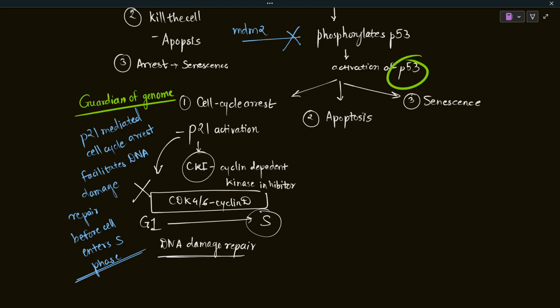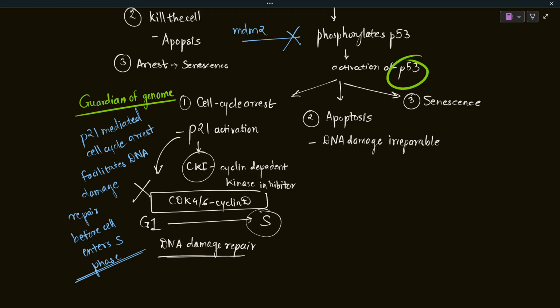The other cellular response that can be seen due to p53 activation is apoptosis. So this p21 activation is done in the scenario if the DNA damage is repairable. But if due to certain reasons the DNA damage is irreparable, then it leads to the apoptotic pathway.